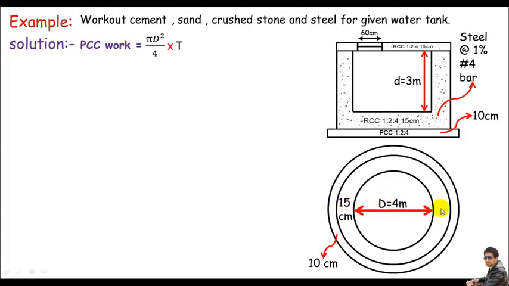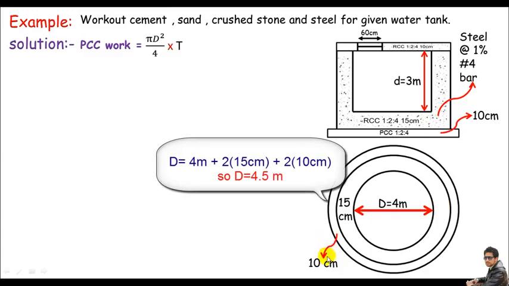So I'll add 15 centimeter to one side and the other side, and 10 centimeter to one side and the other side. This gives me the external circle diameter, which is 4 meter plus 15 and 15 centimeter, which is 30 centimeter, and 10 on one side and 10 on the other, so 20 centimeter. 30 plus 20 equals 50 centimeter, which is 0.5 meter. So 4 plus 0.5 meter is 4.5 meter.